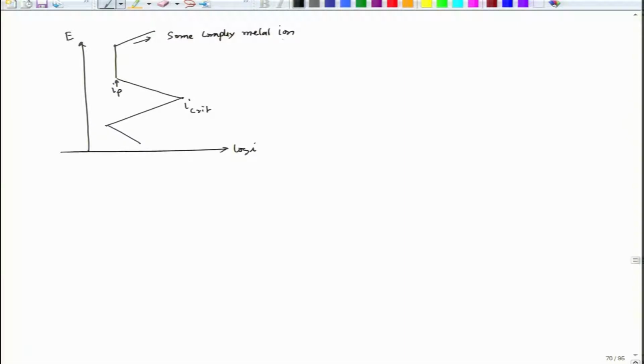Now, when it happens like that, this particular zone is called passive, this particular zone is called active, and beyond this zone we call it transpassive. This I can write as ETR, which is transpassive.